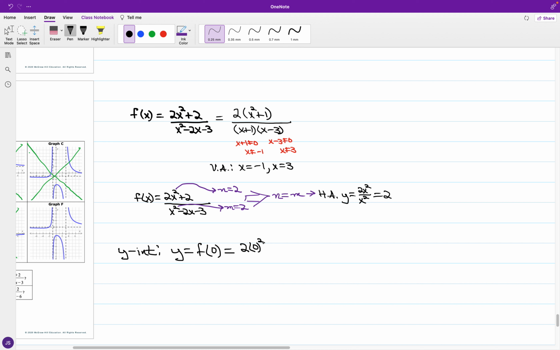This is going to be 2 times the quantity 0 plus 2, all over 0 squared minus 2 times 0 minus 3. Again, 0 plus 2 is 2, and we got 0 minus 0 minus 3. So that's going to be negative 2/3.